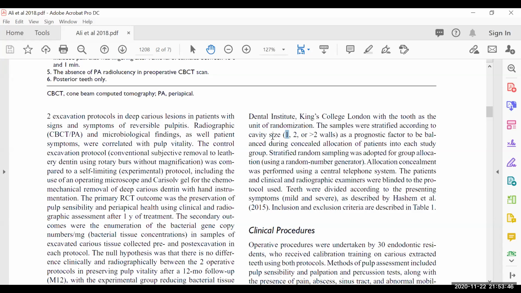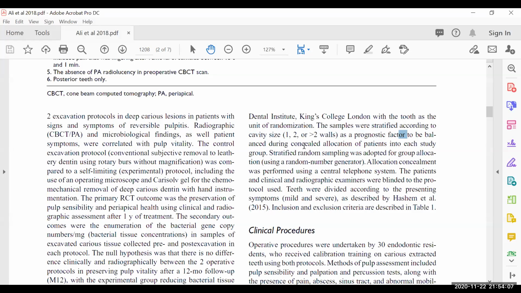This factor was considered as a prognostic factor or a confounding factor that could affect the outcome, not the intervention by itself. Therefore, we should account for it by doing stratified randomization to be balanced.